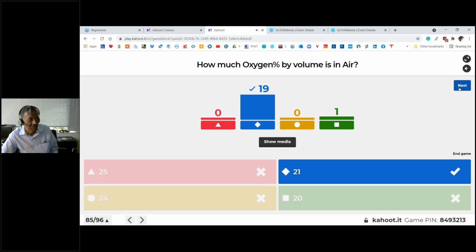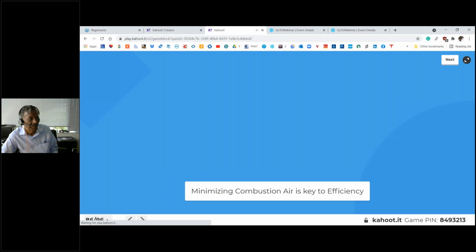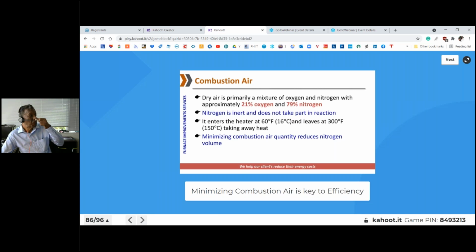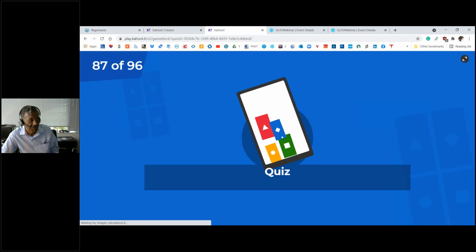Thank you. 21% oxygen is there. Air has 21% oxygen, 79% nitrogen. The nitrogen does not take part in the reaction, and that is one reason why we want to minimize the combustion air so that we can have an efficient combustion process.